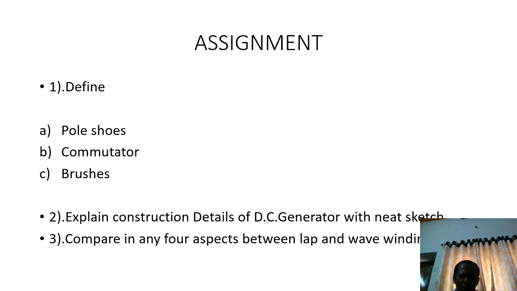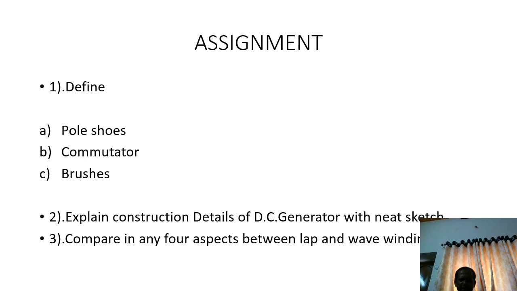What are pole shoes? Where are they located? What is a commutator? What are brushes? We explained these. Questions on these are repeatedly asked in the examination, so you must concentrate on pole shoes, commutator and brushes.